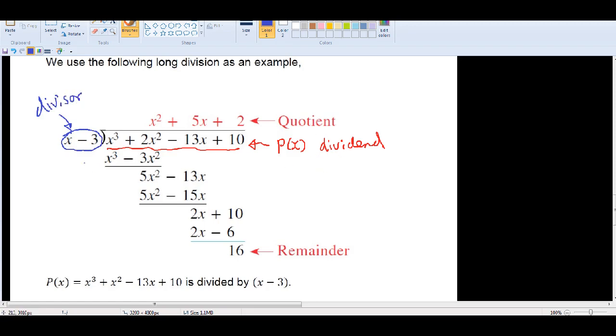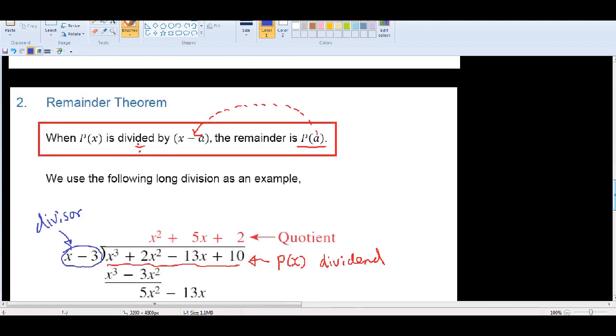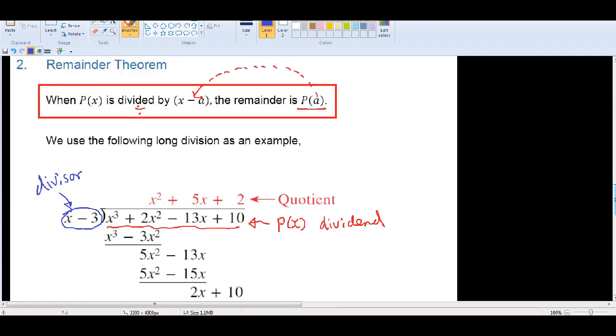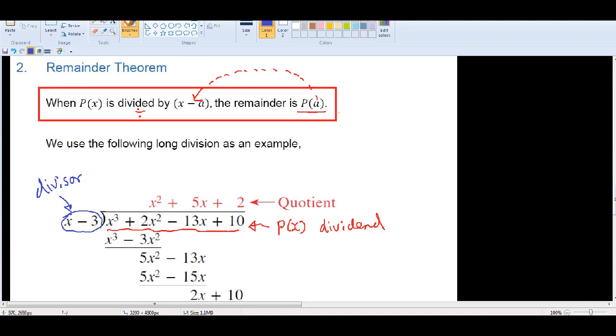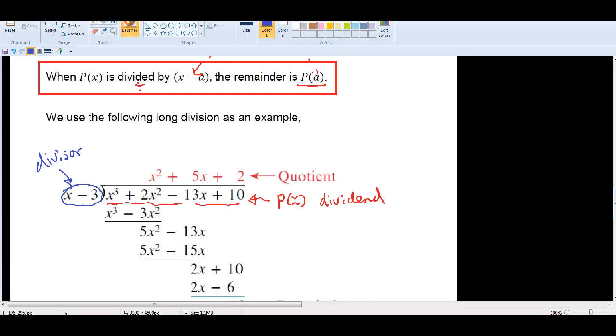So what would be the magic number for us to do the substitution? Remember the number should be the one which could make the divisor 0. What number when you put into the divisor will make that x minus 3 equal 0? If x minus 3 is 0, that means x equals 3. So 3 is the magic number that we are going to use.